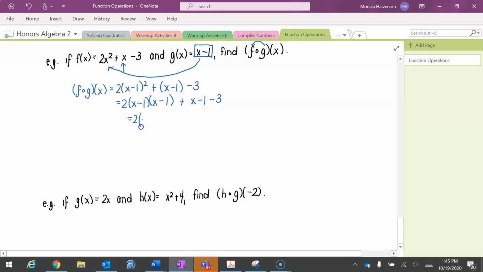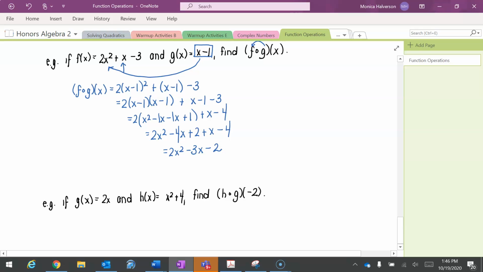And we get 2 times x squared minus 2x plus 1. Then we're going to distribute. And you're going to get 2x squared minus 3x minus 2.